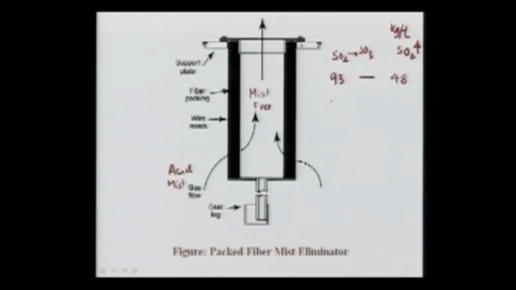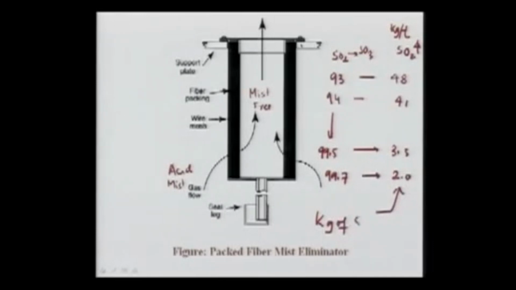Suppose you are converting 94, then the emission could be around 41. And if you keep on improving your efficiency, and suppose you are producing 99.5, the emission of sulfur dioxide reduces so much that it can become 3.5. If you further improve the efficiency of conversion of SO2 to SO3, let's say 99.7, this can even become around 2.0. Again, don't forget the units I am referring to here are kg of SO2 per ton of acid.